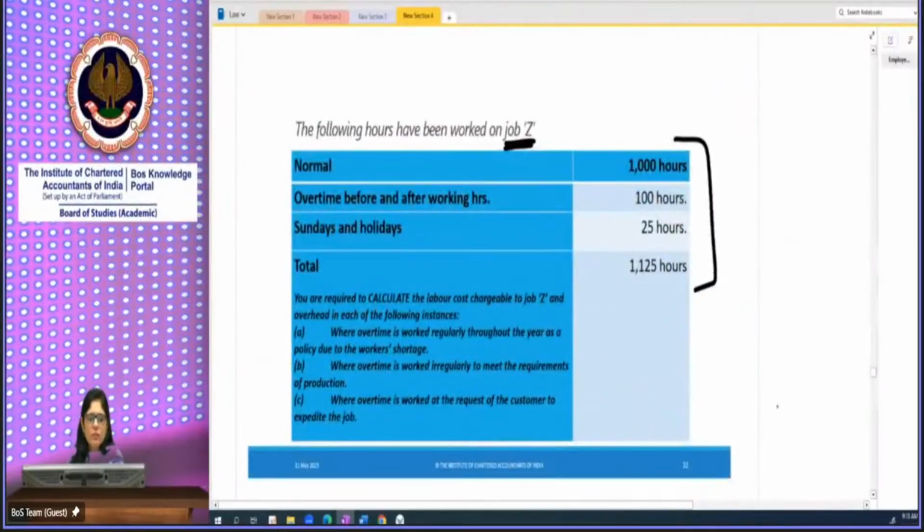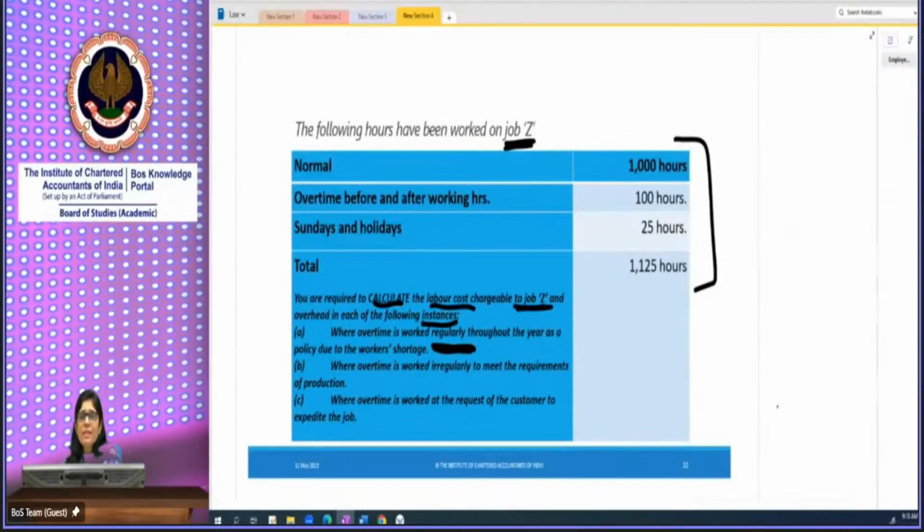You have to calculate the labor cost chargeable to job Z and overhead in each of the following instances. Okay, now this is a question where we have to see where the overtime is charged. Clear? So where overtime is worked regularly throughout the year as a policy due to workers' shortage. So students, when the overtime is worked regularly, that means every year overtime is done.